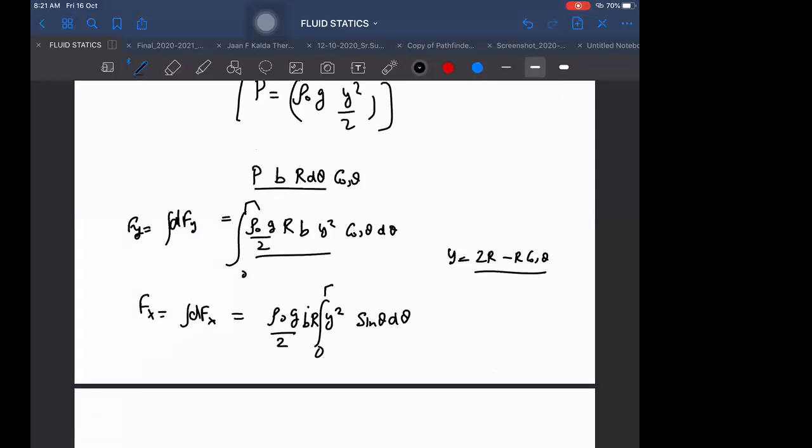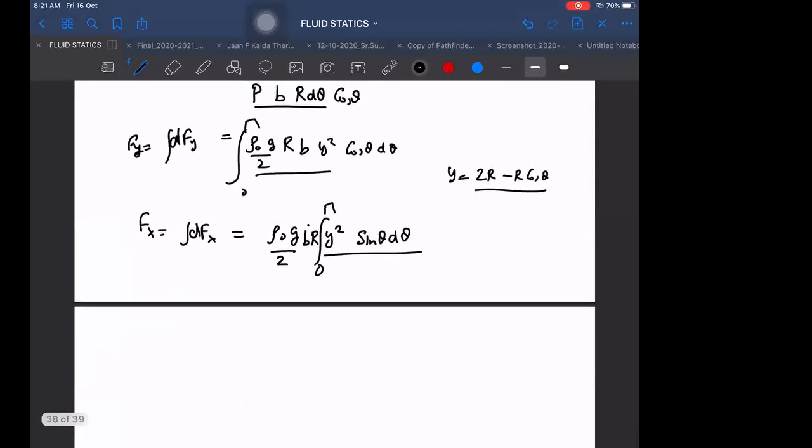If you have not done it before, I think last time also you did this calculation, no? Y square sin theta d theta. 4/3 rho naught g b r cube, sir. The answer, what was it coming out to be? 4 by 3 rho naught g pi r cube into b.